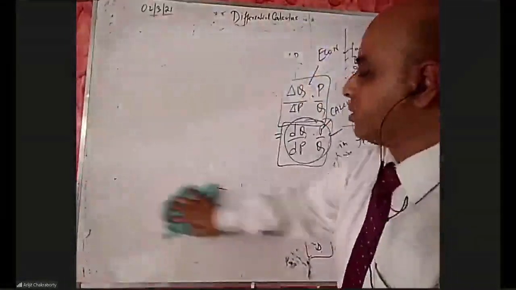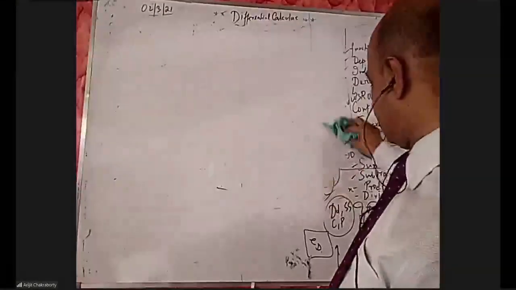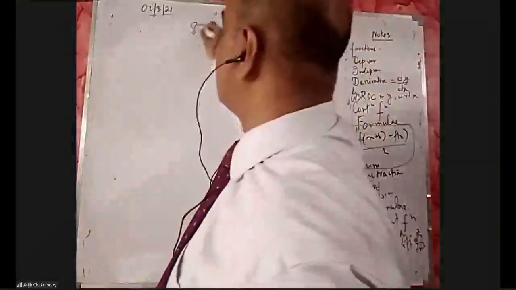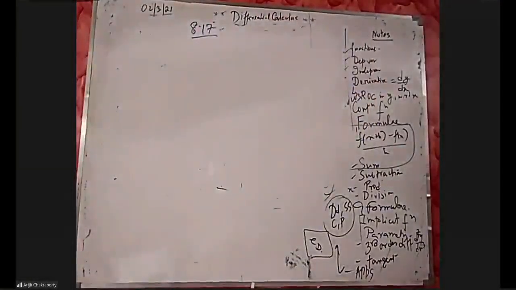We had extensive, detailed discussion on economics, and you can see the common point of calculus and economics. So please see 8.17 of the study material. Kindly go to page number 8.17 of the study material.